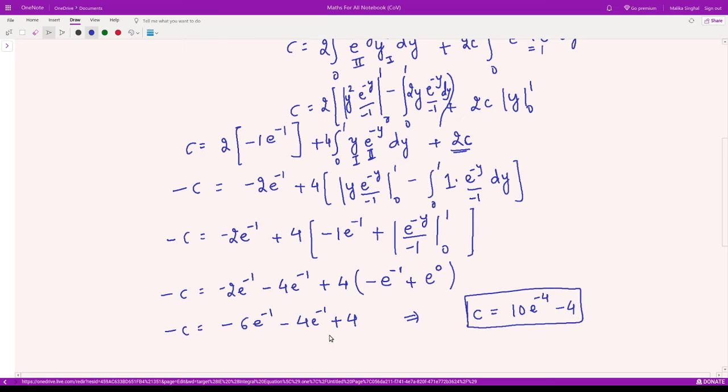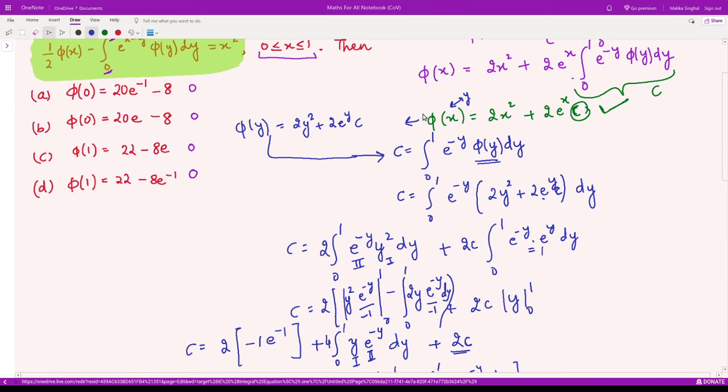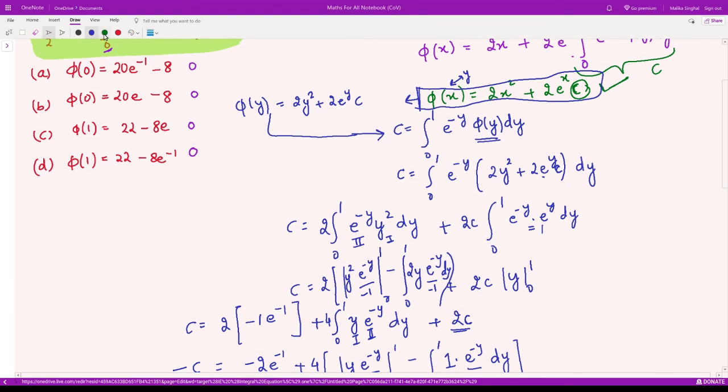Let us substitute the c back, not into the integral equation but into this value of phi, right? So what our phi becomes? Let us see. So our phi was 2x square plus 2 e to the power x into c.